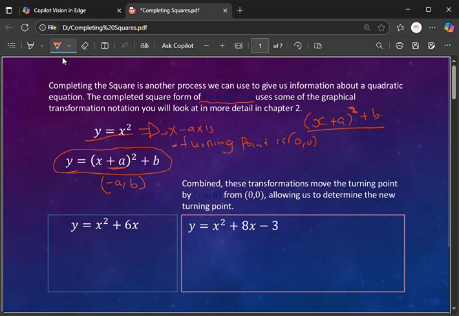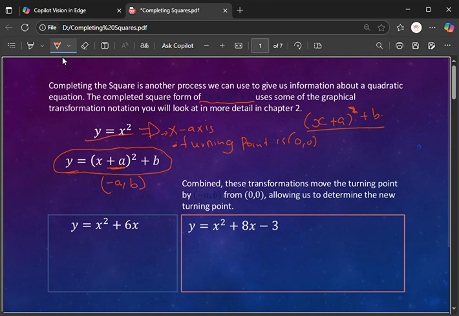So we are going to see how we can complete squares and solve equations, and at the end we can also talk briefly about how to get turning points. So we have an equation here, y equals x squared plus 6x, and I'm going to teach you how to complete the square and how to get the turning points.